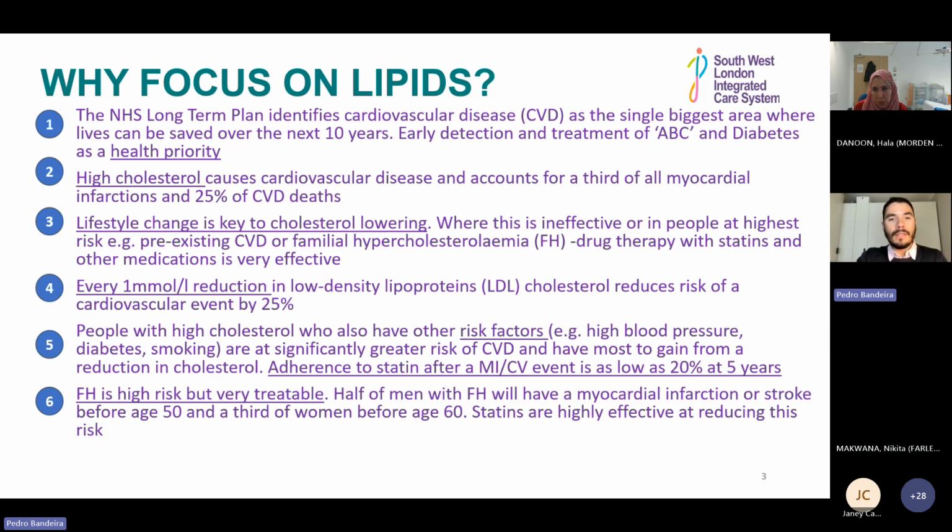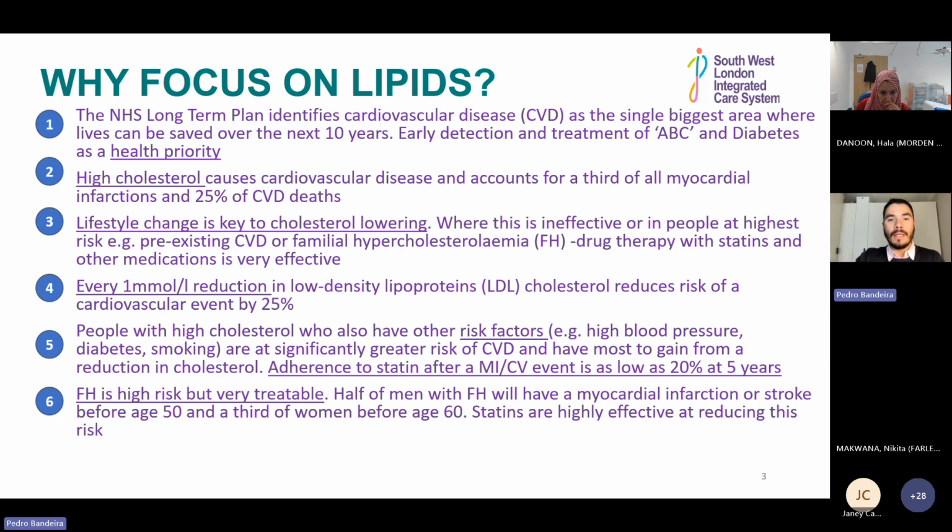So I like to start with this slide because it's always good to give a summary of why lipid management is one of the top priorities in the NHS these days. And this started with the NHS long-term plan, where we identified the biggest areas where NHS staff and services can improve to prevent cardiovascular disease and cardiovascular events.